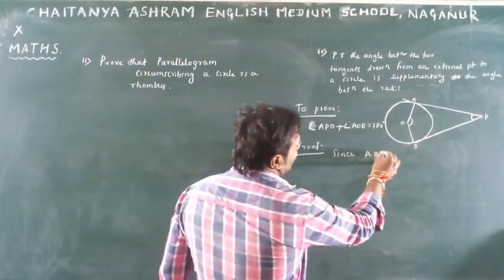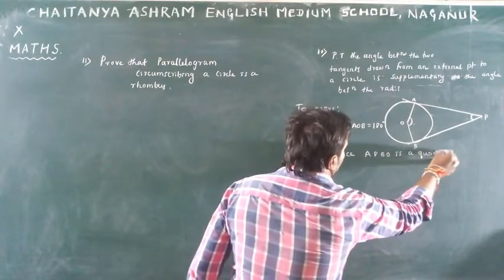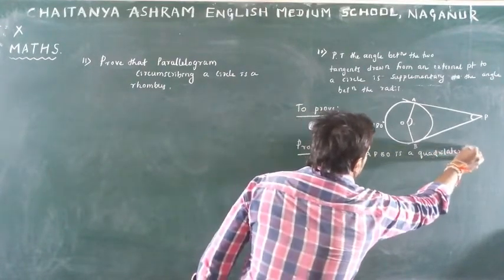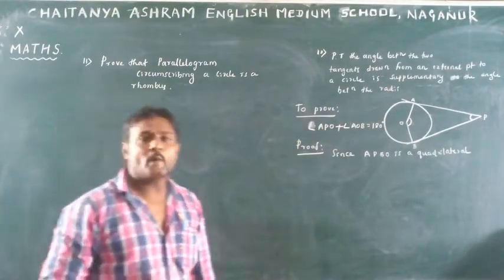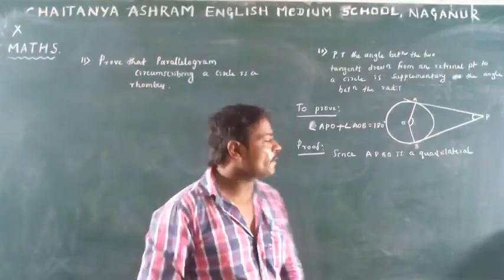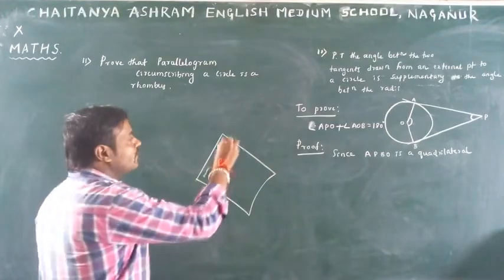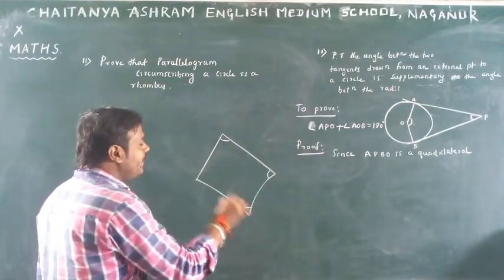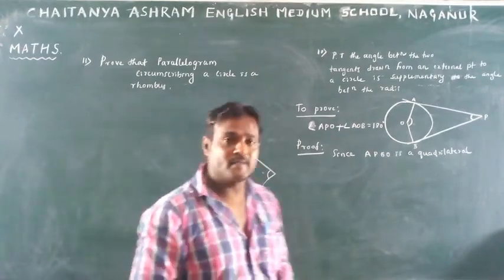Since APBO is a quadrilateral, what is the angle sum property of a quadrilateral? The sum of 4 interior angles of a quadrilateral is 360 degrees.